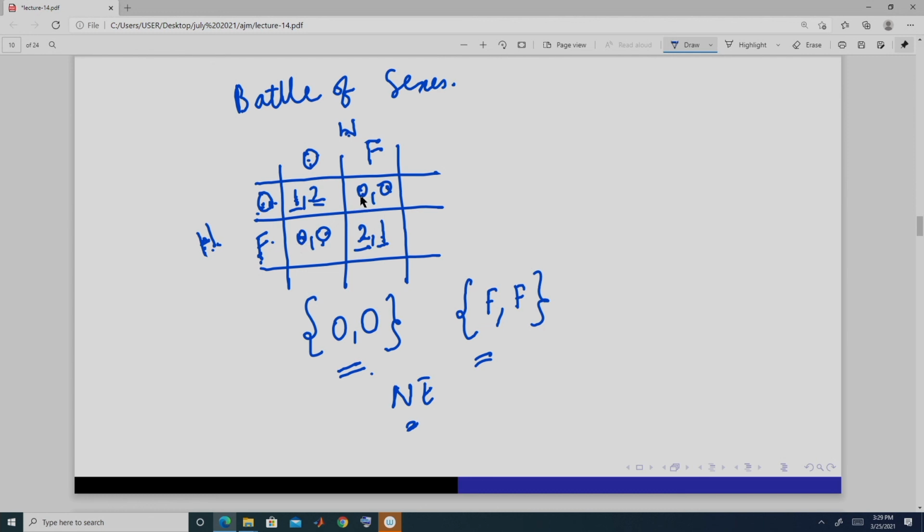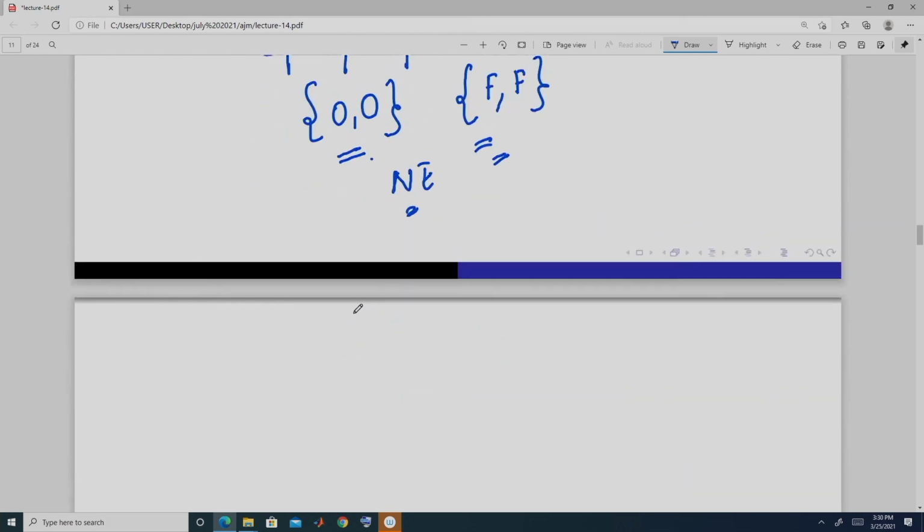If you are looking at this outcome, if husband chooses fight, player 2, that is wife, is also choosing fight, so the outcome is this, and it has no tendency to shift to O because 1 is greater than 0. So at Nash equilibrium, we will see no tendency to deviate.